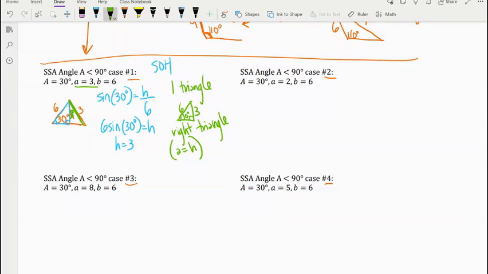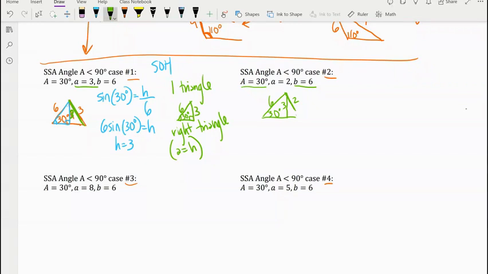Okay. Now let's try this. We've got A is 30 degrees, so I've still got 30 degrees here. I've still got 6 here, because again, B is going to be adjacent to angle A. But the side length across is 2. If the height is 3 and the side length across is 2, can I create any triangles? No, because the side length across can't be shorter than the height.